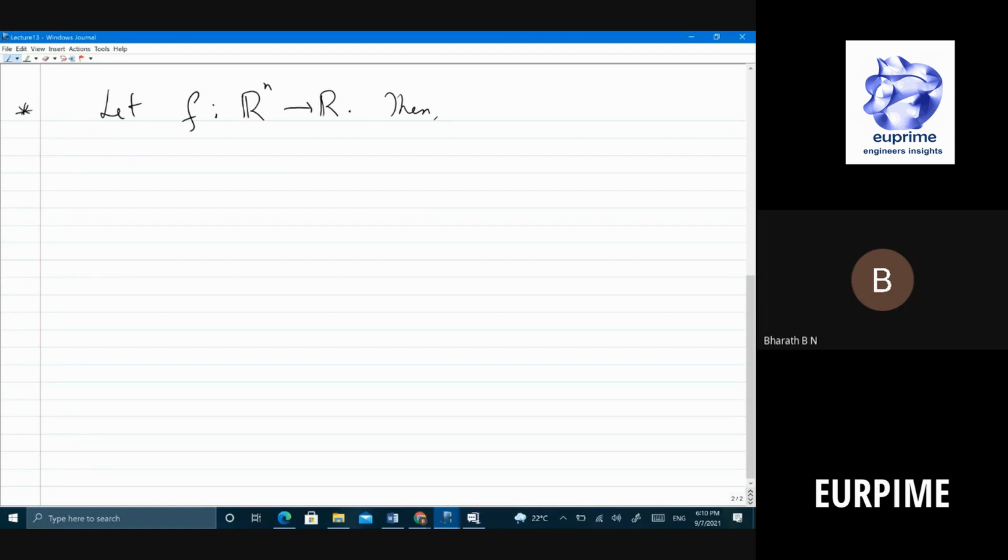So what should I do? I will just perturb the ith component of the vector x. I'll write it like this: x1, x2, xi, xn.